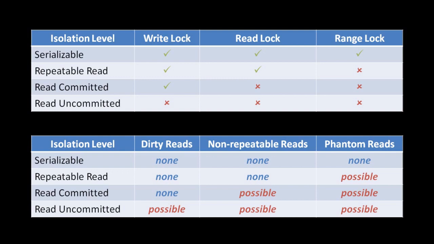Well, a dirty read occurs when in a transaction, let's call it transaction X, we read some data which has been updated by some other transaction, let's call it transaction Y, but that data was not committed by transaction Y. So transaction X is in effect reading some data which has not really been committed. It's been modified in the database, but not properly committed.